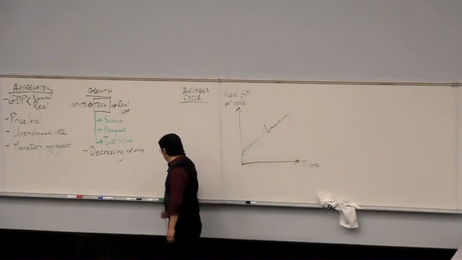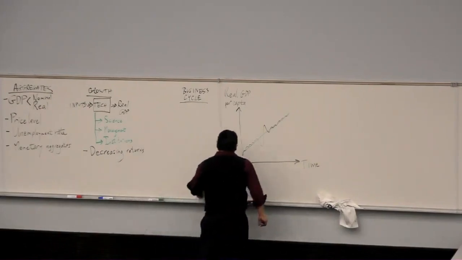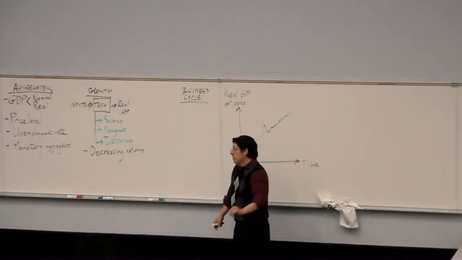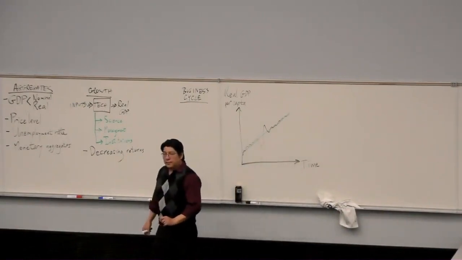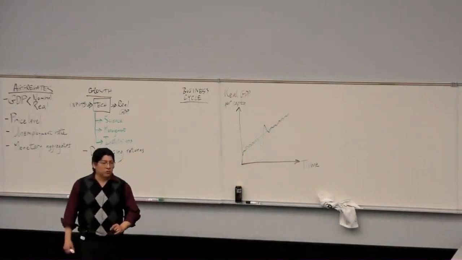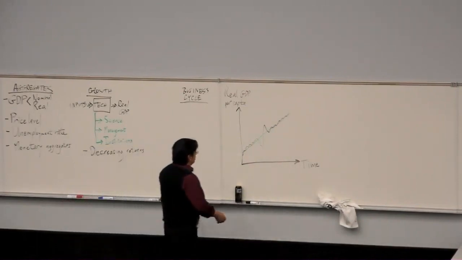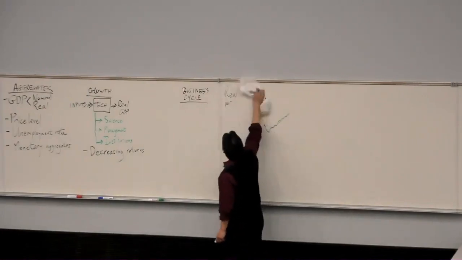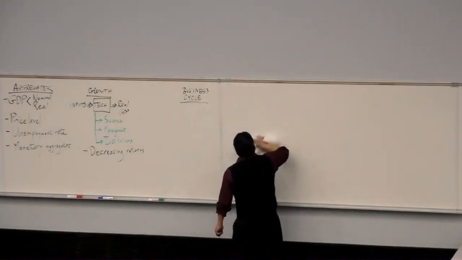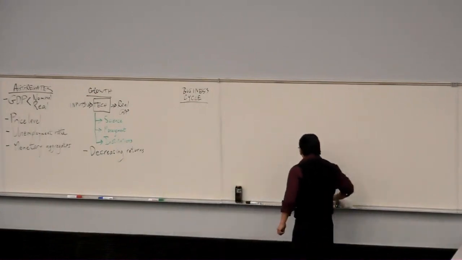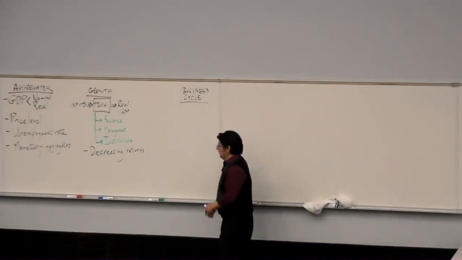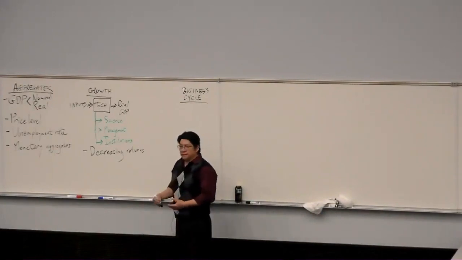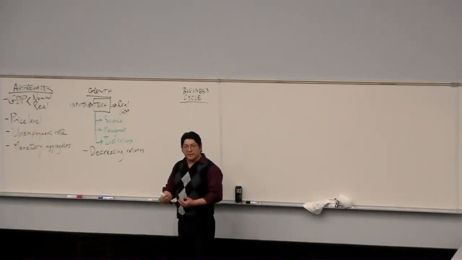All right, so then we turned to the discussion of the business cycle, but before we did that, we had to pause. The reason we had to pause before we talked about the business cycle was because we needed a few more pieces to fit into the business cycle puzzle.